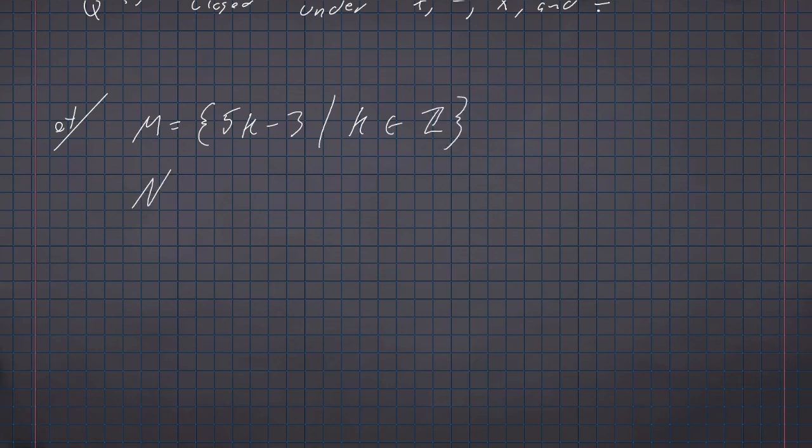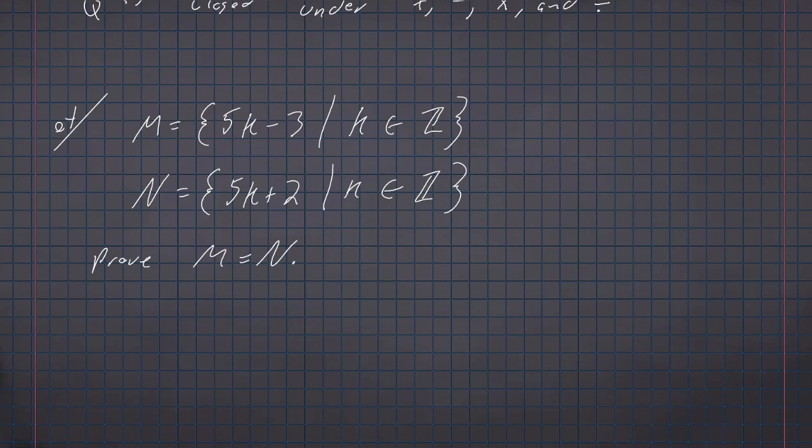And let's let set big N be the set of all 5k plus 2 such that k is an integer. And your task is to prove that these two sets are in fact equal to each other. So, see what you can do with that, write out your work, and I'll see you in the next video.